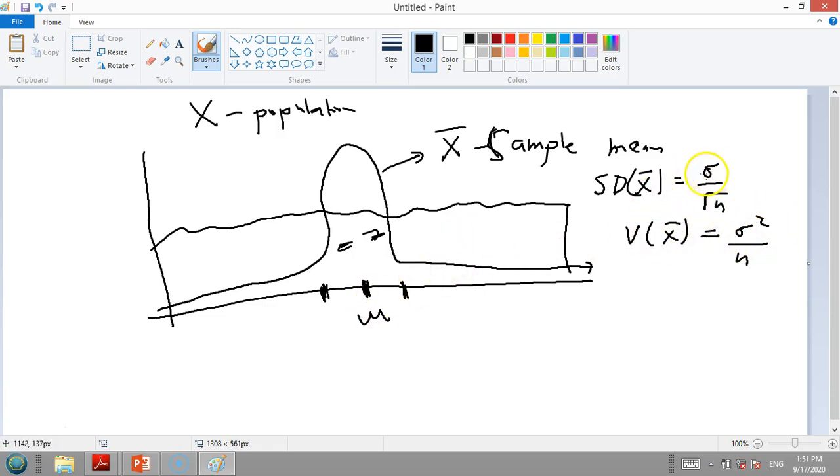Sigma over the square root of n is 1 standard deviation, and roughly 2 standard deviations away from the mean is plus or minus 1.96, almost 2, times sigma over the square root of n. So this is mu minus 1.96 standard deviations.